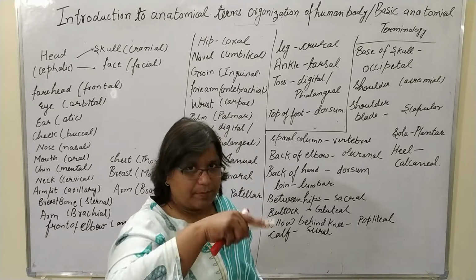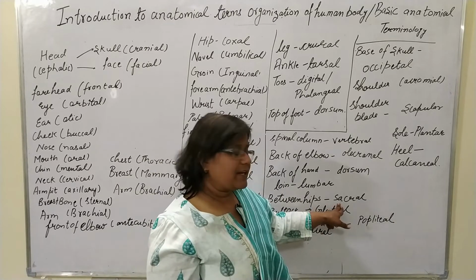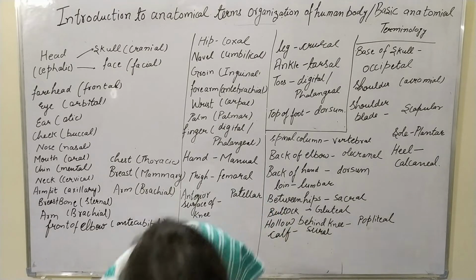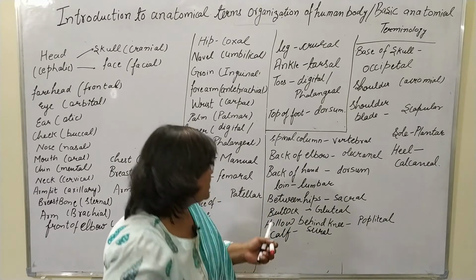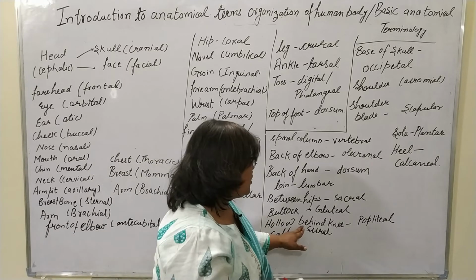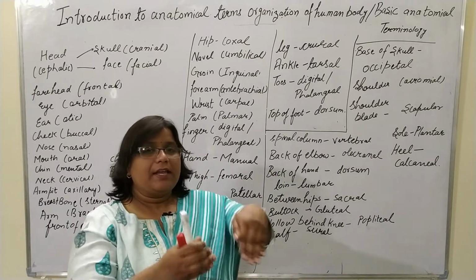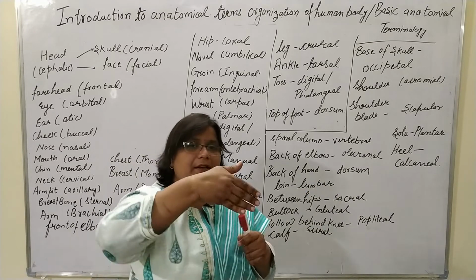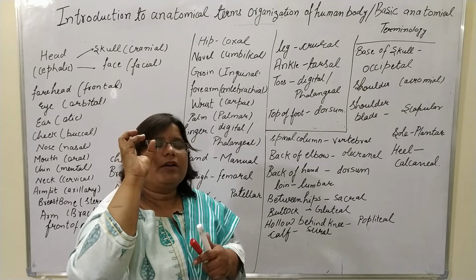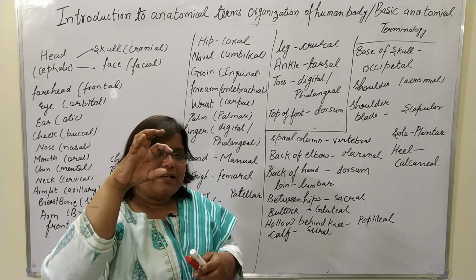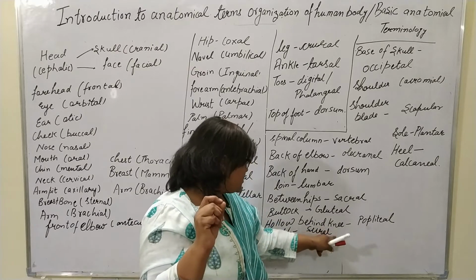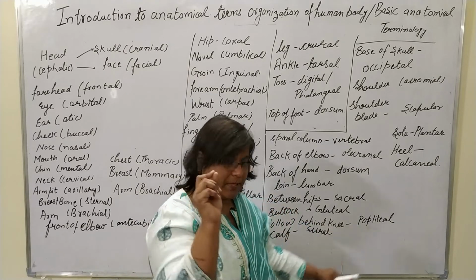Between the hips, that region is sacral. The buttock is the gluteal region. The hollow behind the knee, the space at the back of the knee, is known as the popliteal.